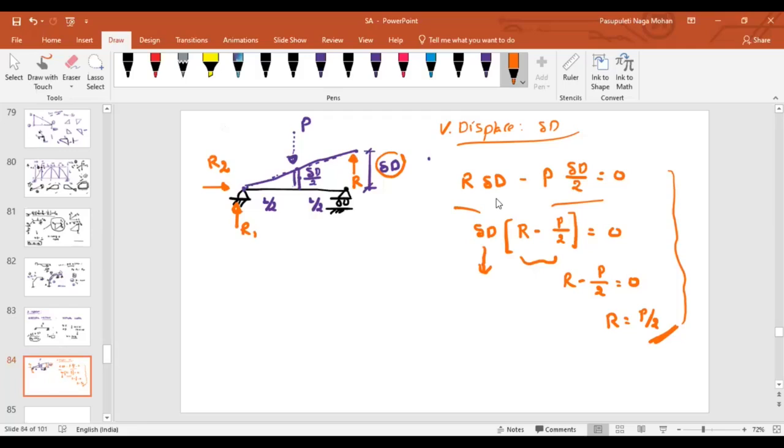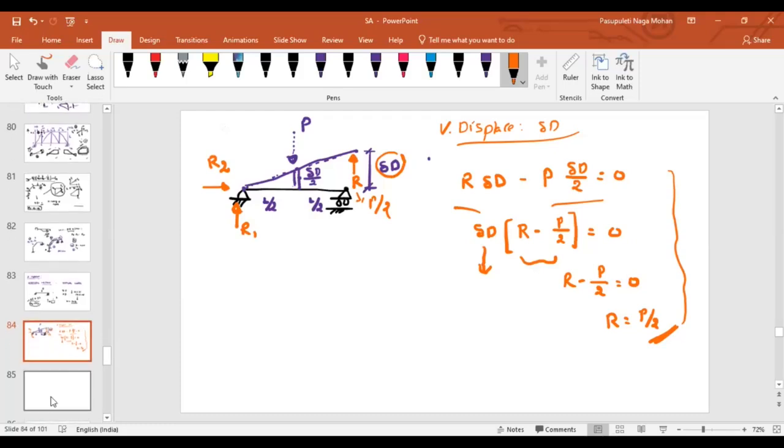That will give us some relation between the forces, or in some cases lead us to the unknown. Here in this case, we know that R is equal to P by 2. But in every case it is not true that it will directly give us the unknowns we need, but it might give some relations too. So this is what happens if we apply the virtual displacement.